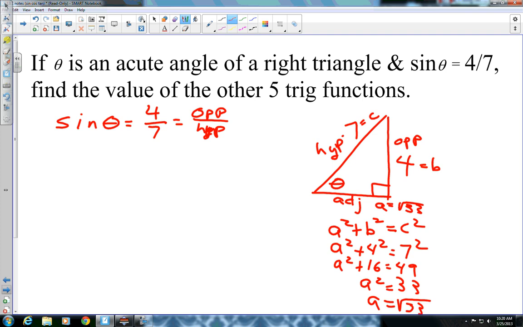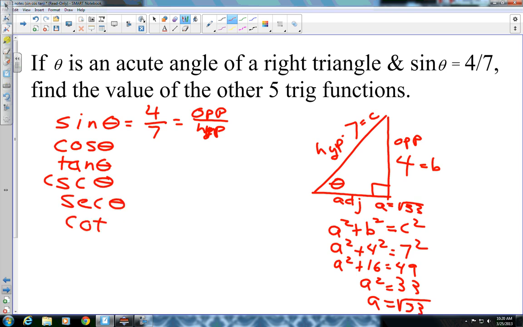So now I'm going to write my other 5 trig functions. I have the cosine of theta, the tangent of theta, the cosecant of theta, the secant of theta, and the cotangent of theta.